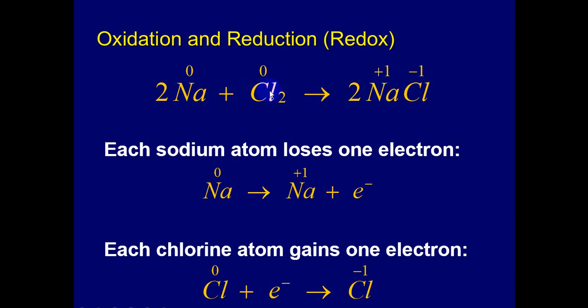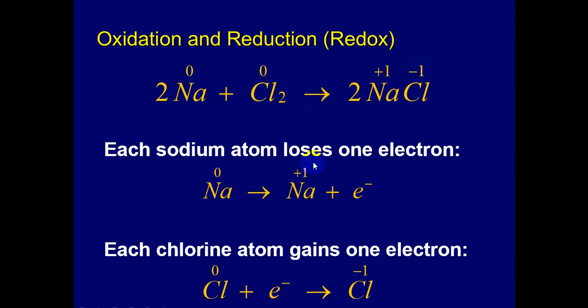Then remember also that the chlorines are 2. So the chlorines will gain these 2 electrons, 1 each from each sodium, to become minus 1. Remember, 2 times chlorine will give us 2 chlorines, and 2 times sodium will give us 2 sodium.